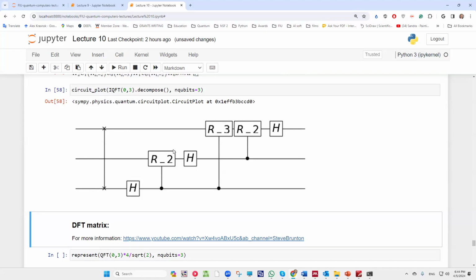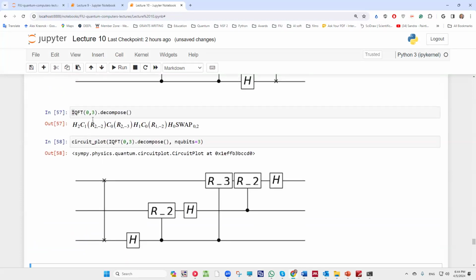They are a combination of gates, but if you look at the circuit as a whole, it is a unitary operator. And if you apply QFT and then IQFT, you of course get the initial state.